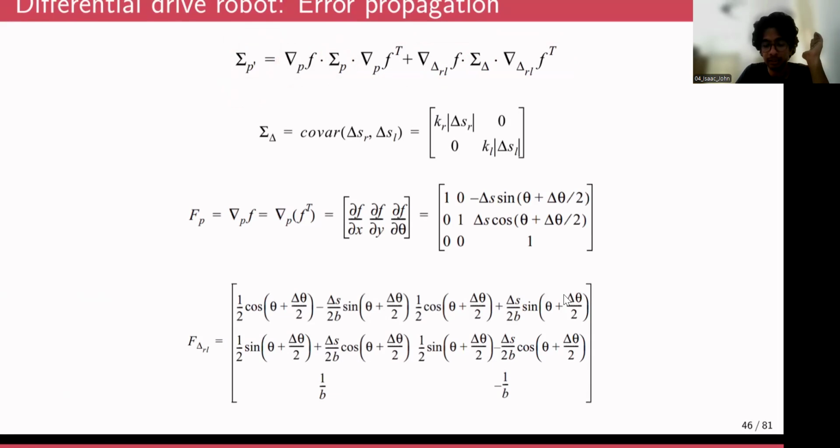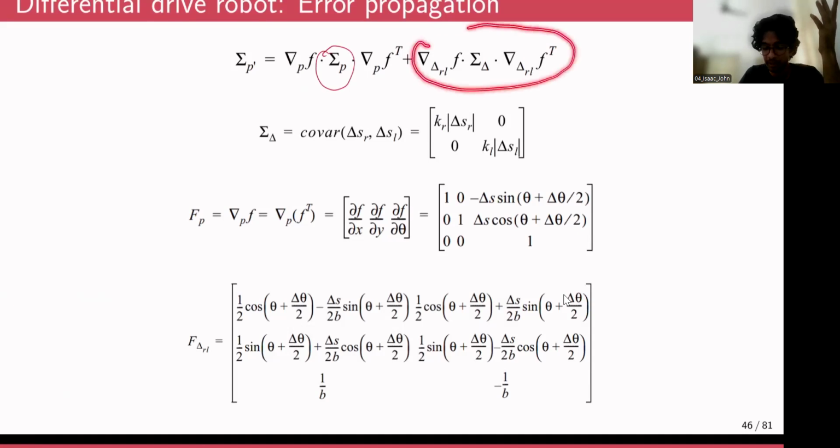Obviously, at the beginning, at time t equal to 0, there won't be any uncertainty in position, because at the start we would exactly know the current position of the robot, because that is where we keep our robot.